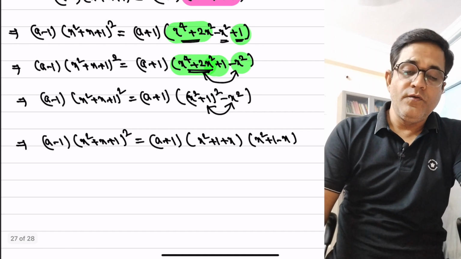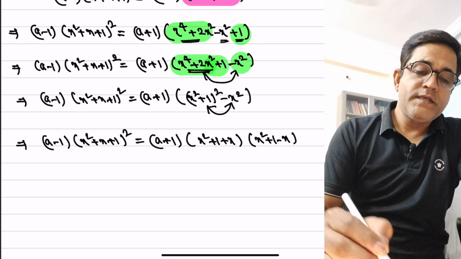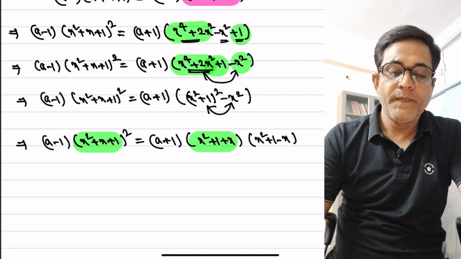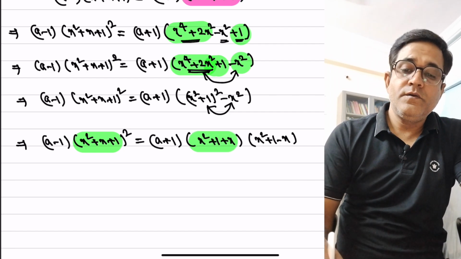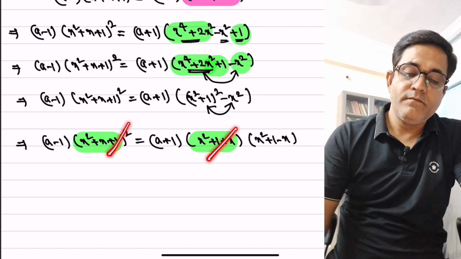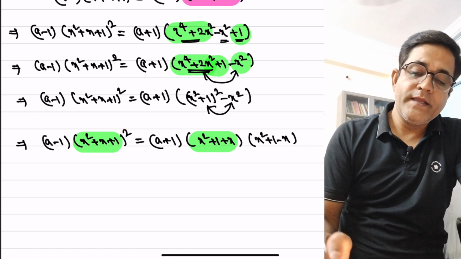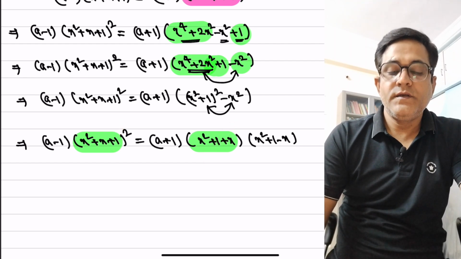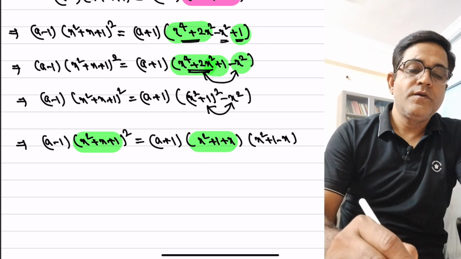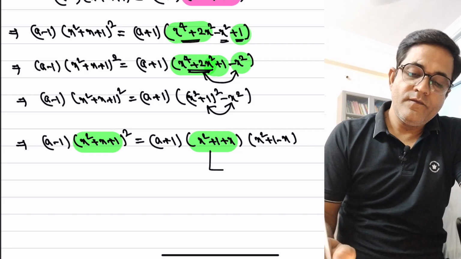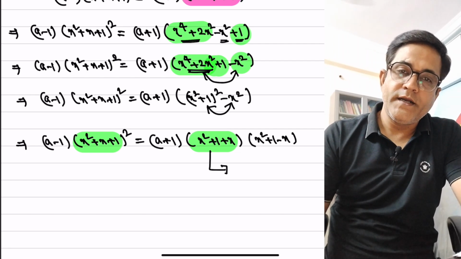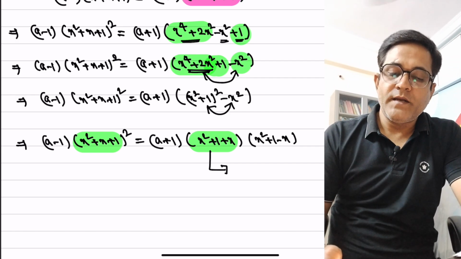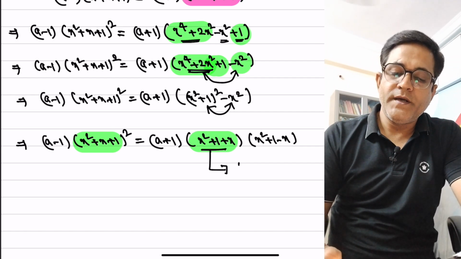Now, here x² + x + 1 is there on both sides. Do not cancel blindly. You can cancel a variable in multiplication only when it is non-zero. This is a quadratic, which represents an open upward parabola.